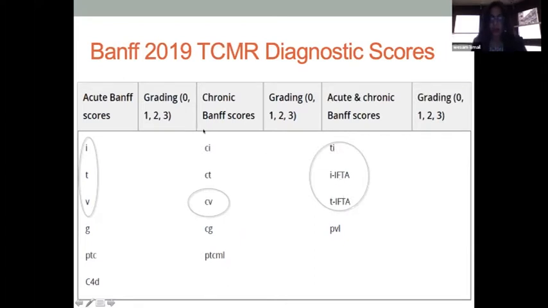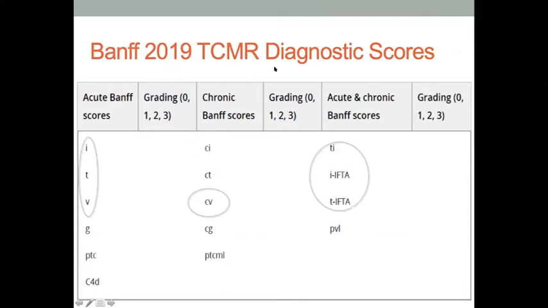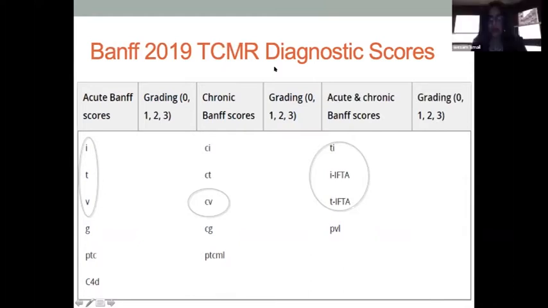I want you to notice that interstitial fibrosis and tubular atrophy are not related to chronic rejection scores. We do not integrate the interstitial fibrosis and tubular atrophy we see in the biopsy in relation to chronic rejection.